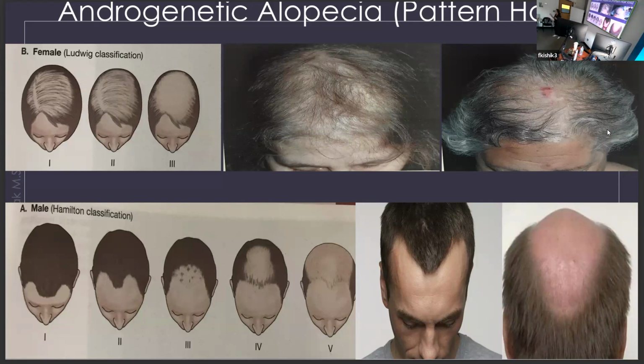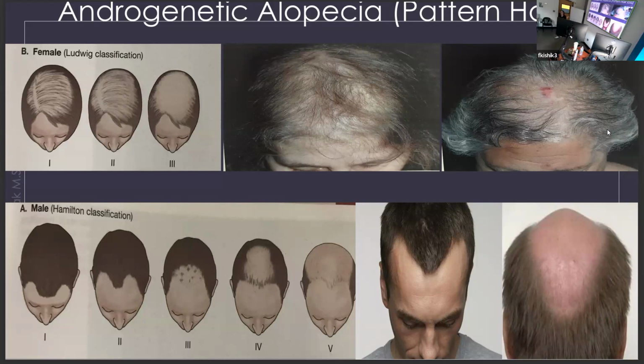Based off of whether someone is male or female, there's going to be a certain pattern to their hair loss. The androgen we're talking about is DHT, a derivative of testosterone. Testosterone is converted to DHT by an enzyme called 5-alpha reductase. I mention that because one of the medications that you utilize stops that enzyme, stops the conversion to DHT.